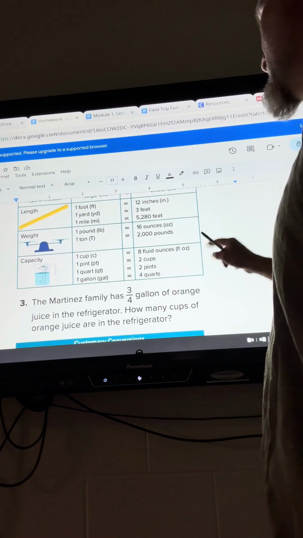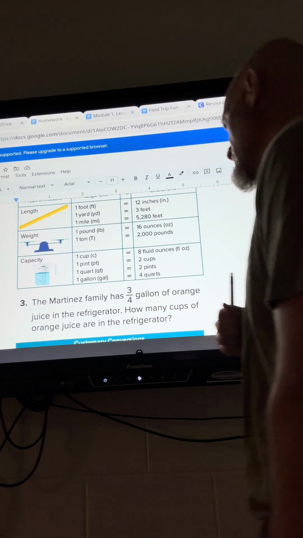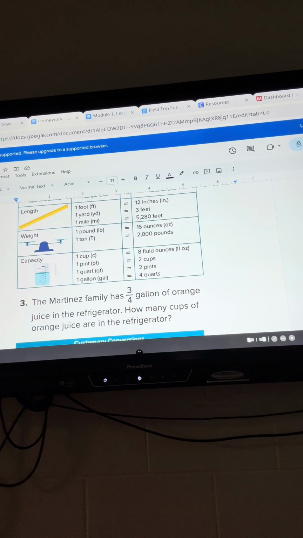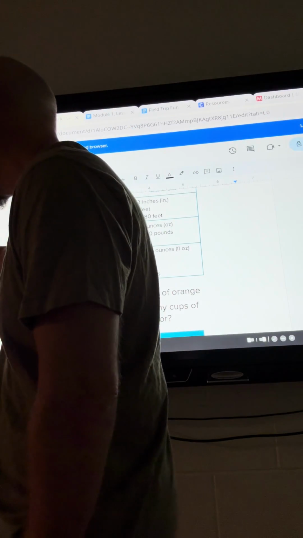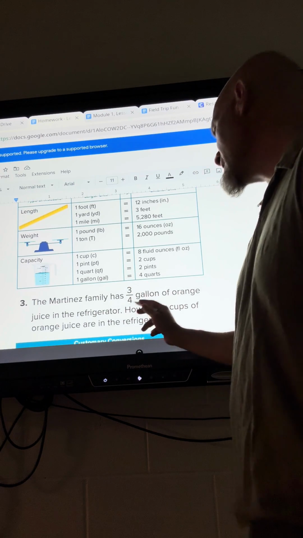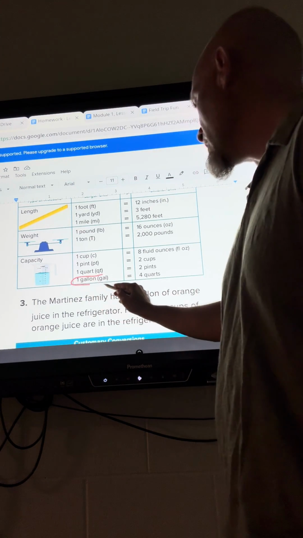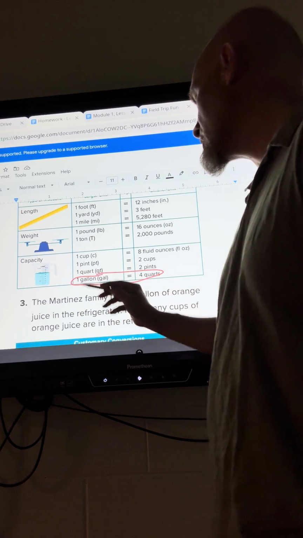The Martinez family has 3/4 of a gallon of orange juice in the refrigerator. How many cups of orange juice are in the refrigerator? So you're going to want to go to the capacity part of that chart. You know 3/4 of a gallon of juice, and you want to find out how many cups. We know that 1 gallon is equal to 4 quarts.